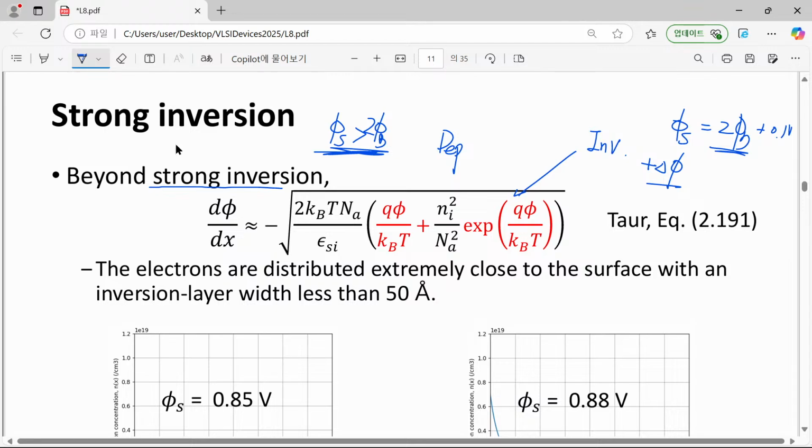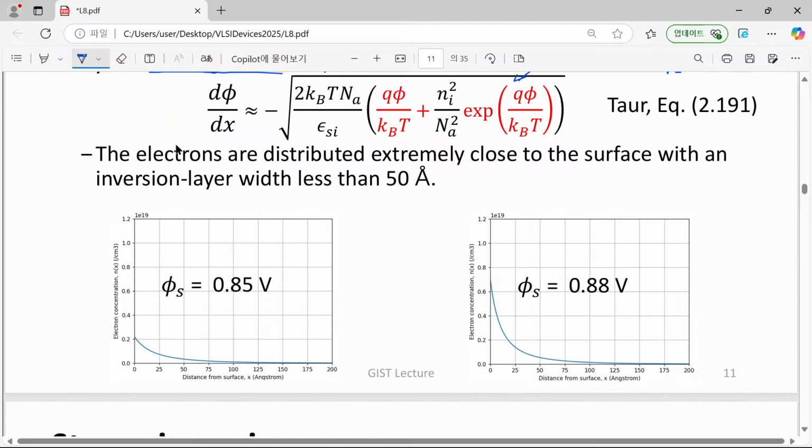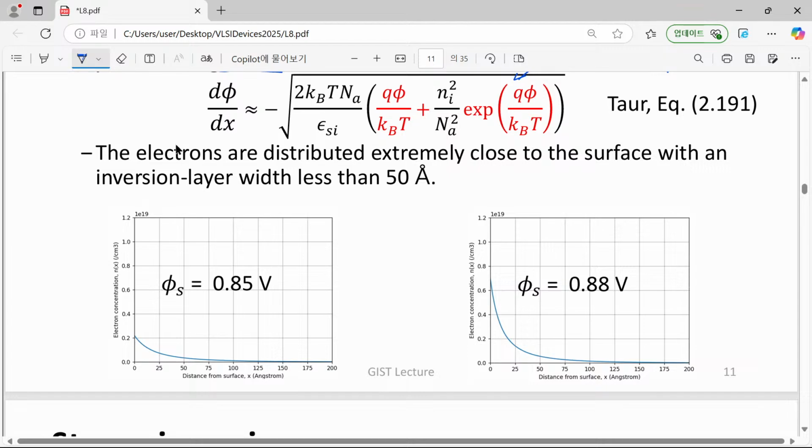Okay, so are you with me? That's the reason why we must keep these two terms. Of course, once again, if we could send phi to infinity, then we could eliminate it. But that condition cannot happen in our MOS case, because phi s is pinned to 2 times phi b.